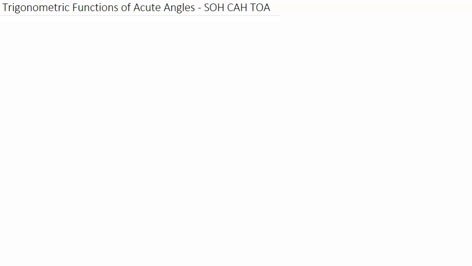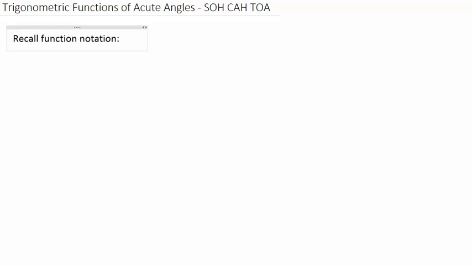In this video, we'll look at the 6 trigonometric functions, and we'll look at how they're defined with the inputs being acute angles. But before we do that, I want to take a moment to remind you of the standard for how you write functions, the typical function notation.